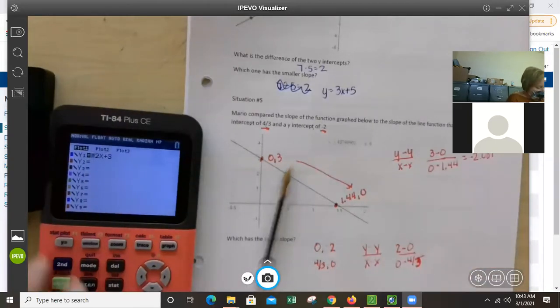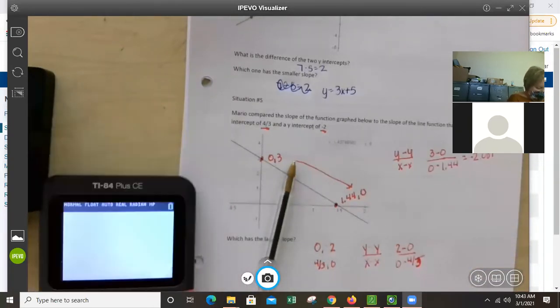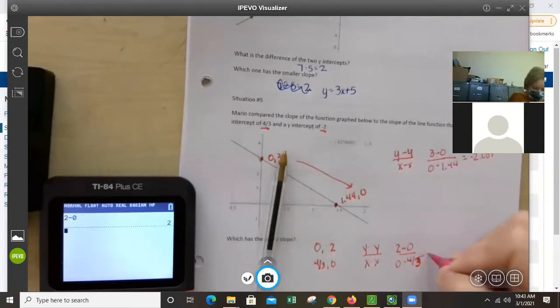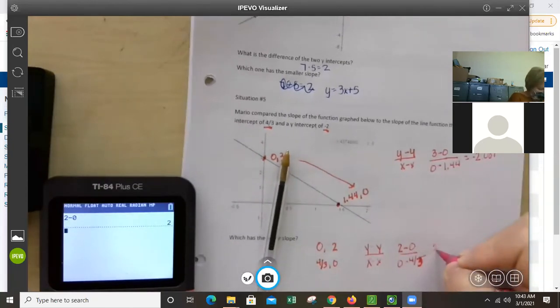Let me double check my math. 2 minus 0 gave me 2. And then 0 minus parentheses 4 divided by 3.